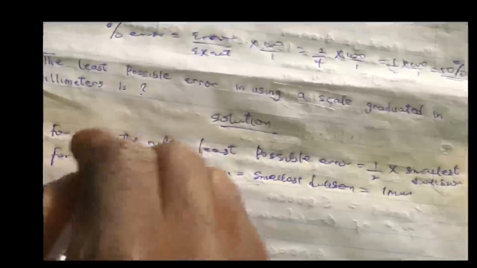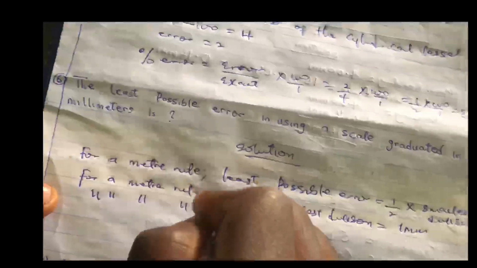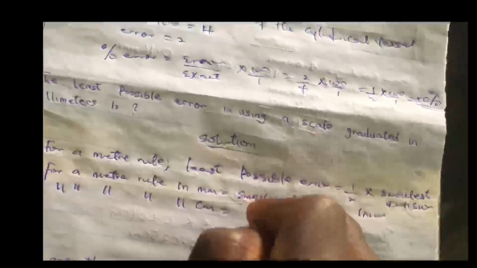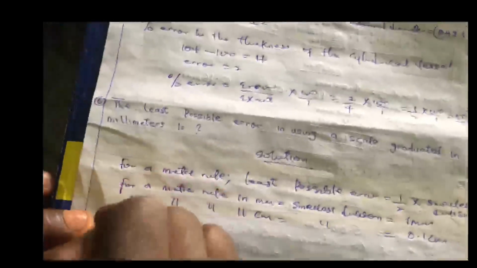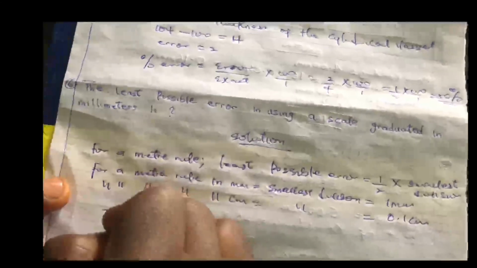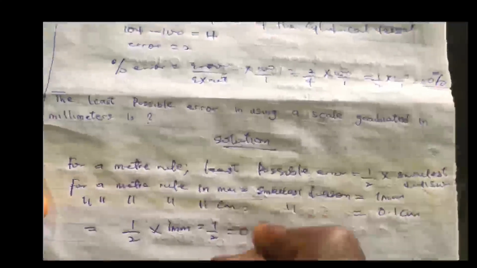But for a meter rule graduated in centimeter, the smallest division is 0.1 centimeter. In this case, we are told that the meter rule is graduated in millimeter, so we don't need to look at the other one. Our answer would be 1/2 times 1 millimeter, which is 0.5 millimeter.